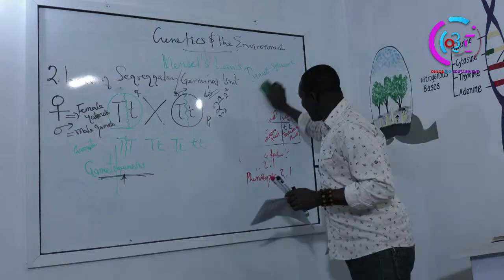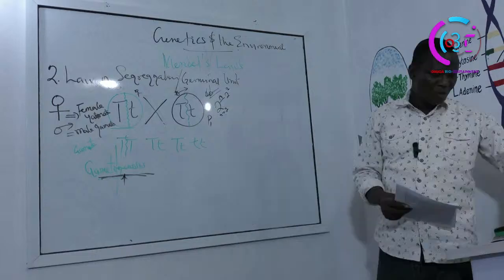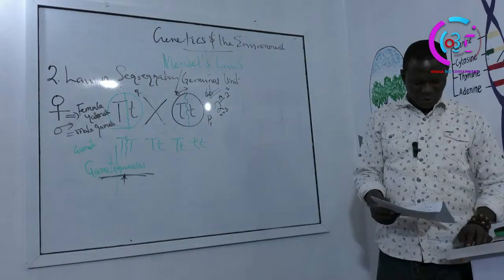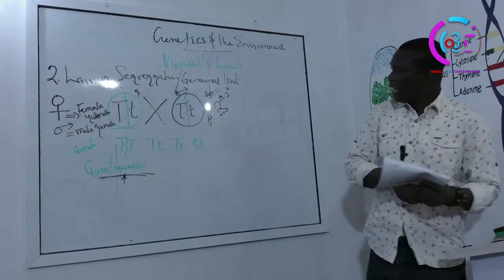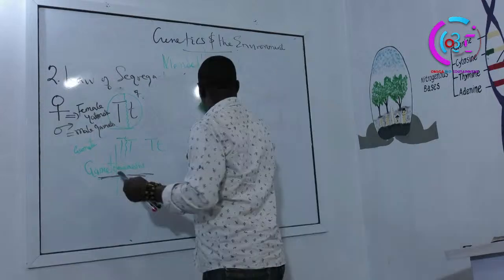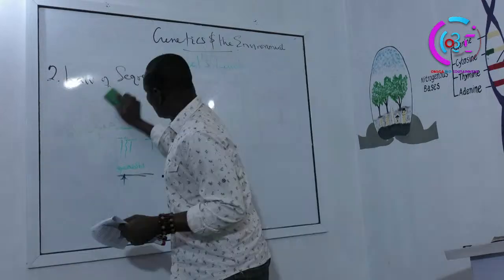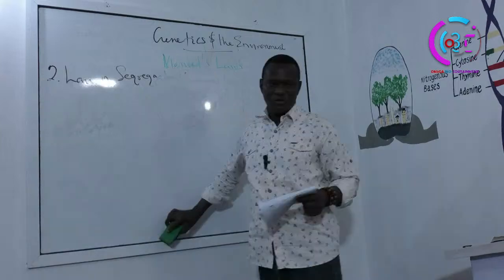Now let's look at use of Punnett square for the first law of Mendel, which is this. What I'm going to do is I'm going to use both the crossing method, as well as Punnett square.